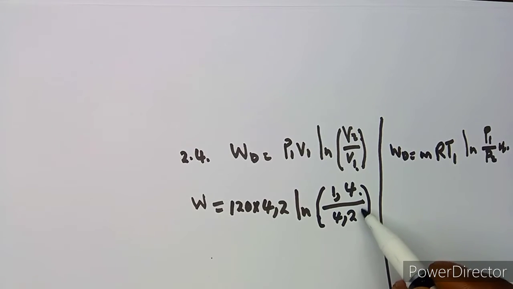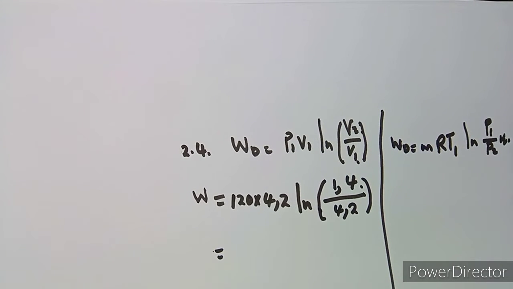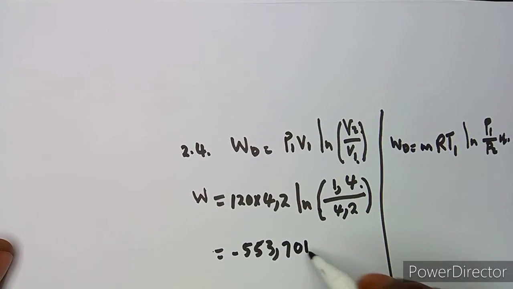It's a fraction, so it's going to be negative. That's how a compression works. All you need is to simplify properly on your calculator, and you're going to obtain negative 553.7, something like that, in kilojoules.